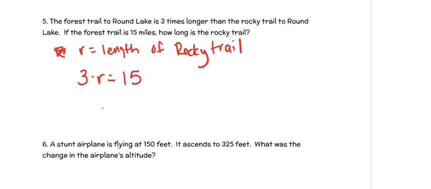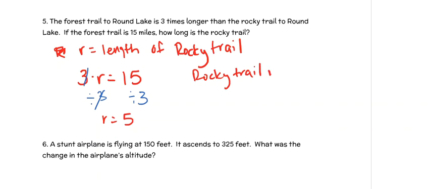So 3R is equal to 15. And just like the last problem, you are multiplying here, and that means you're dividing 3 from both sides. So R equals 5. Rocky Trail is 5 miles long.